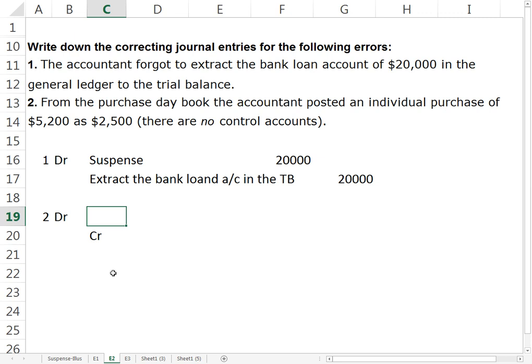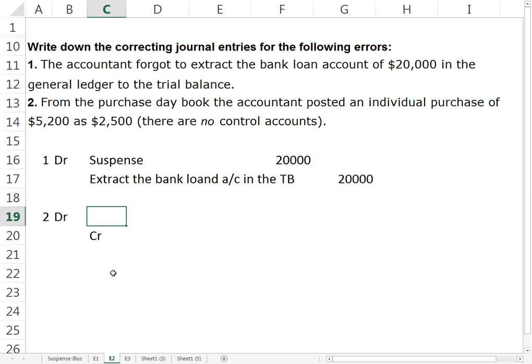Postings made from the purchase day book are made to the purchases accounts and the payables control accounts, or the payables ledger accounts, one of the many individual accounts in the payables ledger.